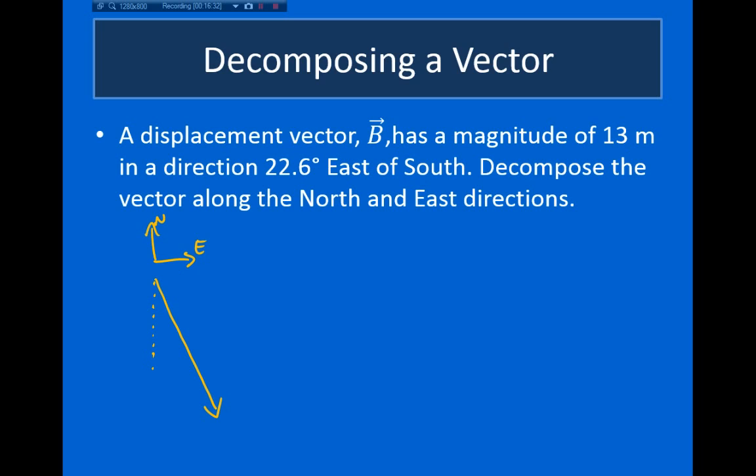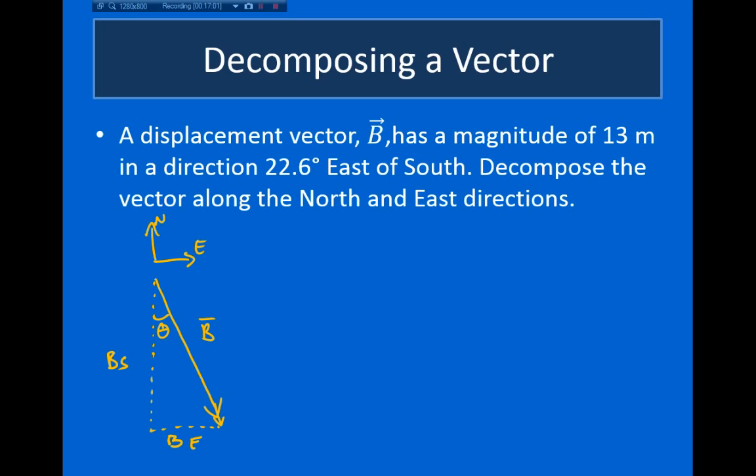This is the south component of the vector B. This is the east component of the vector B. This is the vector B right here. And this angle right here is our 22.6 degrees. We said east of south, so here is south towards the east direction, and that's what this angle is.